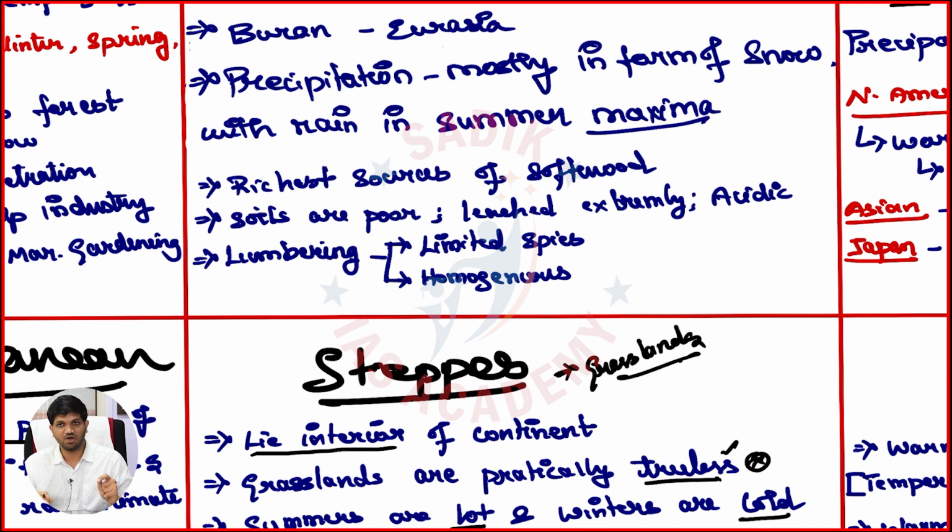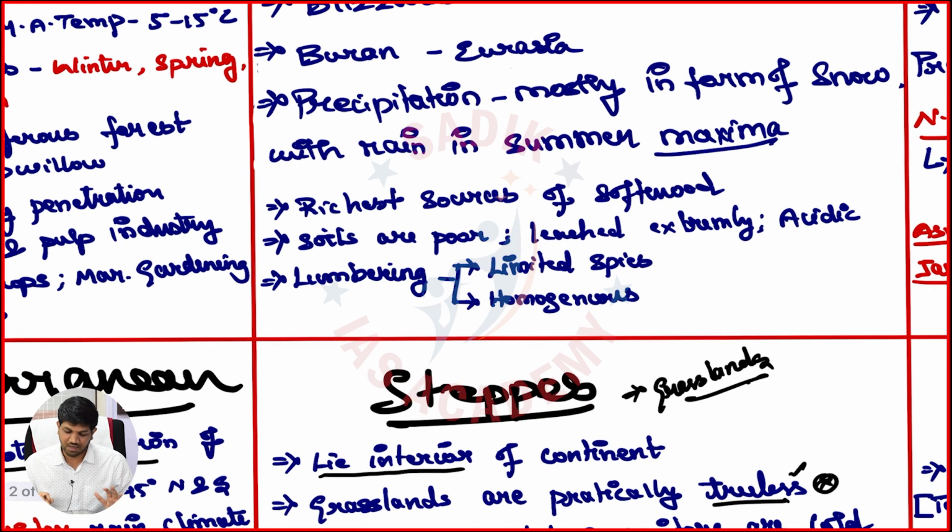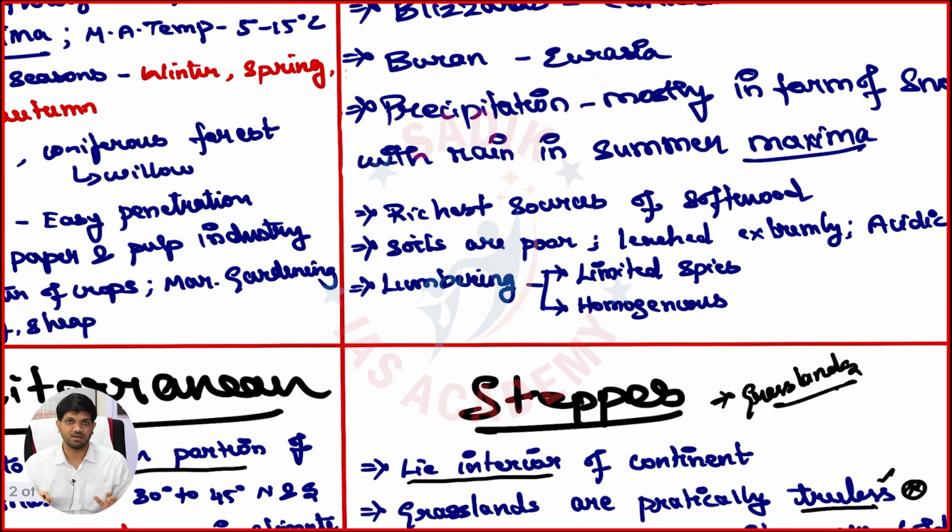There will be permafrost formation here, as in tundra, and the soils will be extremely leached and acidic in nature. And lumbering activity is also there because of the limited number of species, and it is softwood, and the species will be homogeneous in nature.